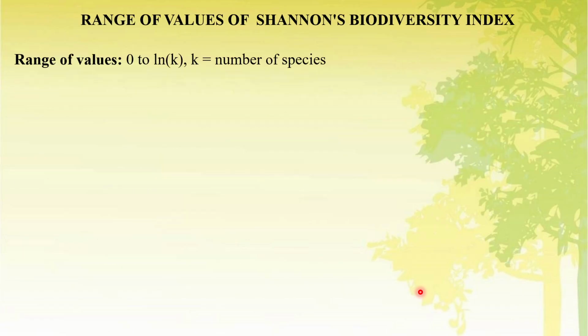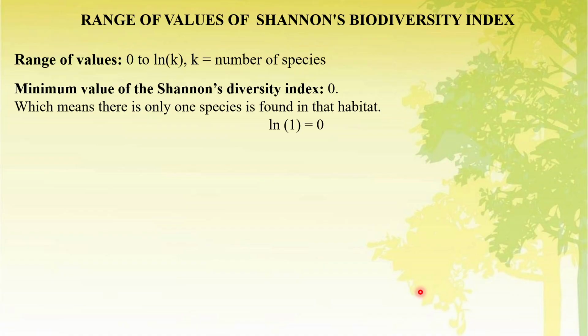So the range of the value of Shannon Biodiversity Index is from 0 to ln k. That means there is no upper limit, but the lower limit is 0 because ln 1 is equal to 0.